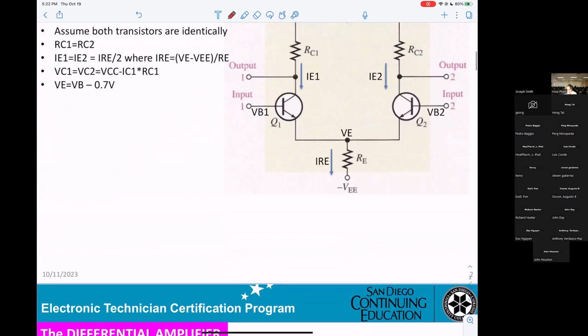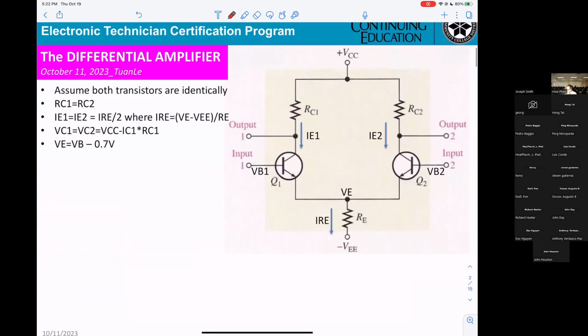Here, they give you more detail. Assume both transistors are identical. That means they will be the same. RC1 equals RC2.